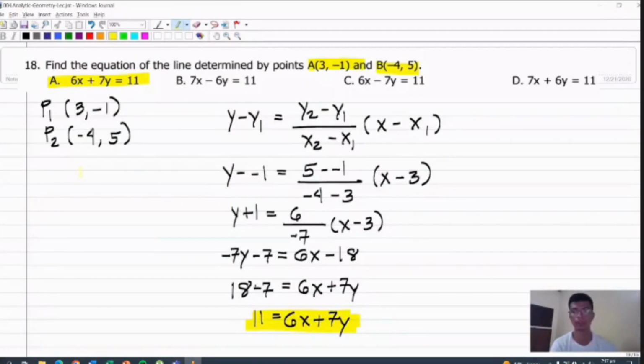Ang ginamit natin dito ay 2.4 dahil given na yung dalawang points. So, kung nakalimutan nyo yung 2.1, pwede nyo gamitin yung TF passive.